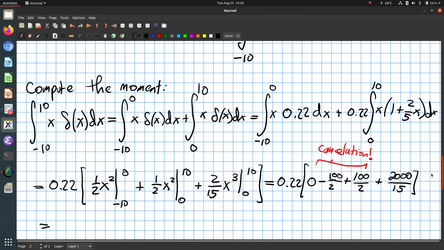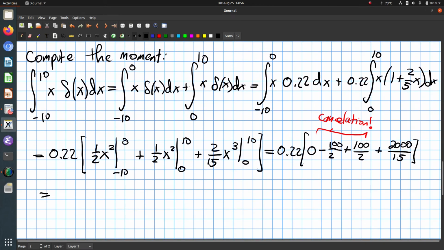Okay, going back to computation, let us punch this into handy-dandy calculator. And we get the figure 29.3, and that's the moment integral.